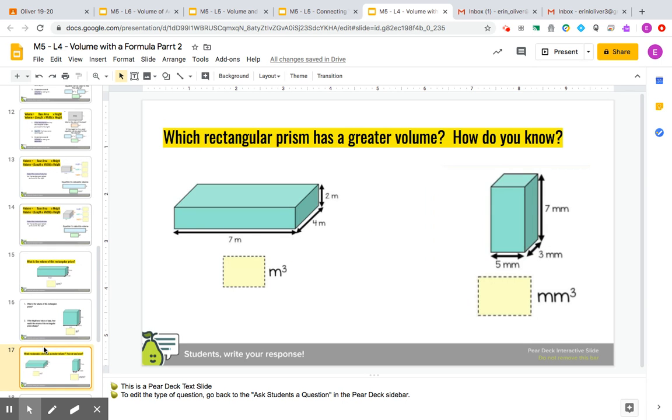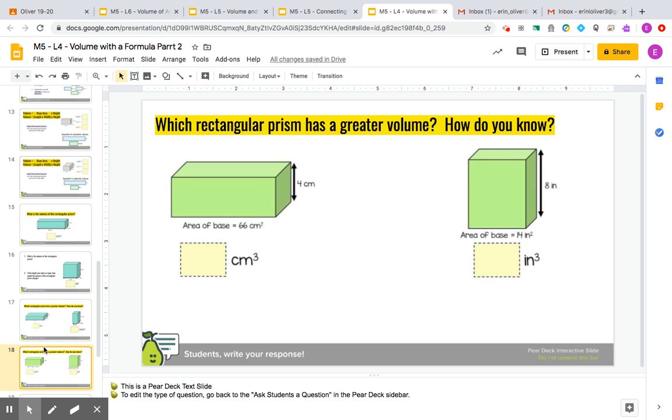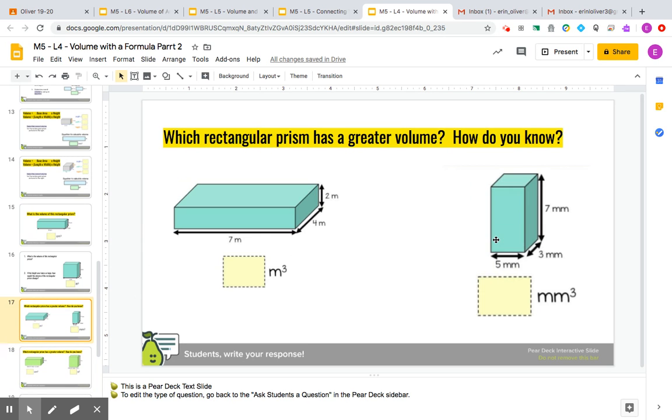Okay, let's try another one. How about this one right here? Okay. I have to figure out which one has a greater volume, which means which one has a larger volume. I look at both of these and I see that they have 1, 2, 3 numbers, 3 dimensions written out.